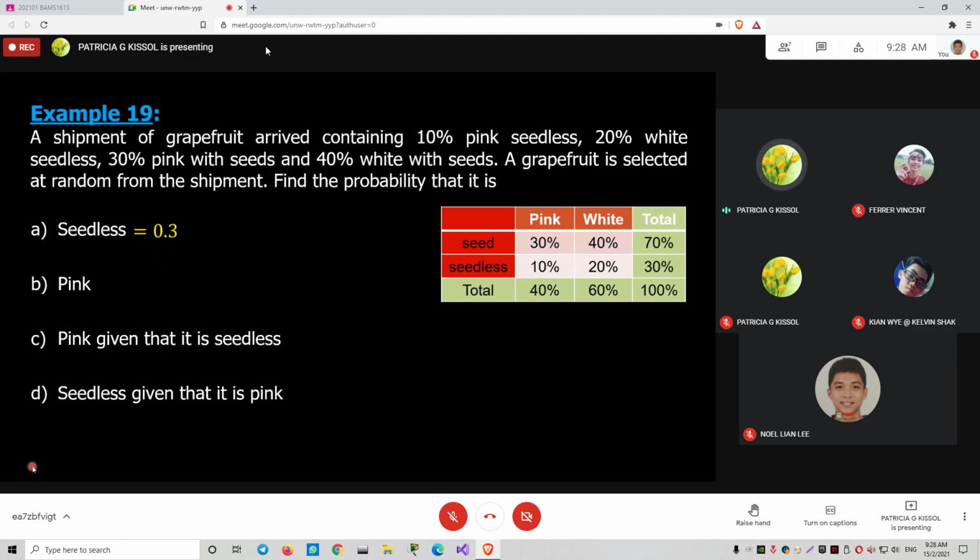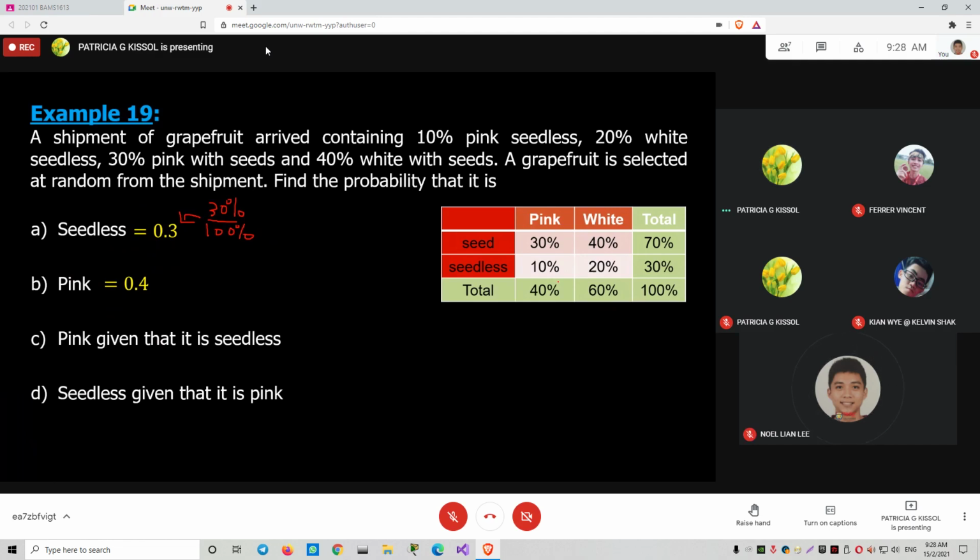If you write it out, it is 30% divided by 100%, and that's how we get 0.3. Concerning pink, same case. 40% of the grapefruit are pink, so 40% of 100% gives us 0.4. Is that clear so far, class?